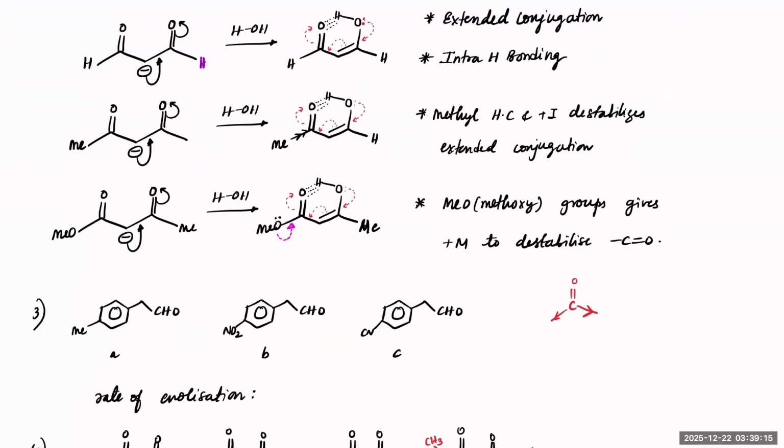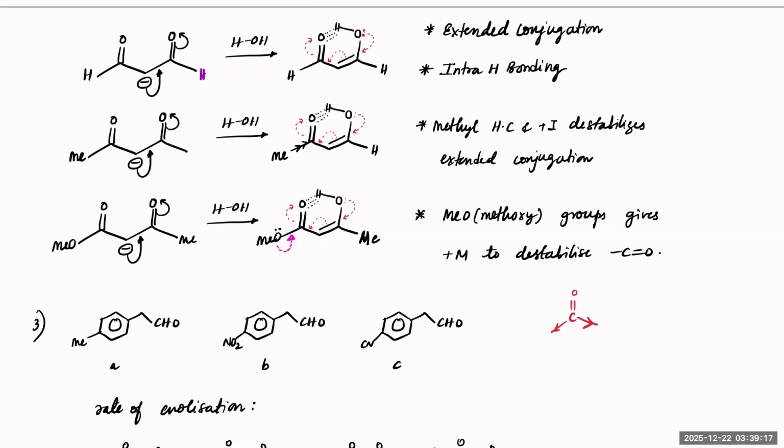Everybody please check. So extended conjugation and intra-H bonding are helping it. Okay. Next one. This side, both of them are helping it, but at the same time, methyl's hyperconjugation will try to decrease the resonance which is occurring here.